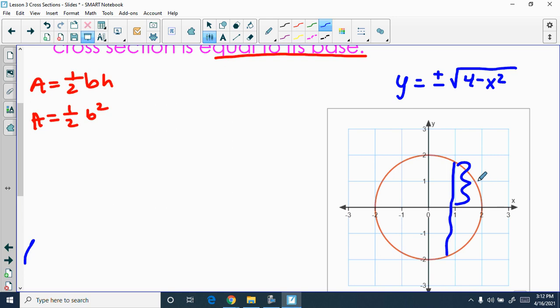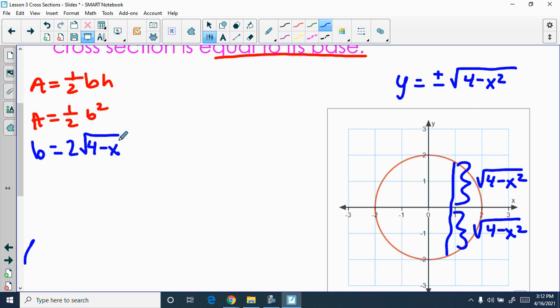So from here to here is the square root of 4 minus x squared. And then again, from here to here is also that square root of 4 minus x squared. So the full base would be 2 times that. So our base value is 2 times the square root of 4 minus x squared.